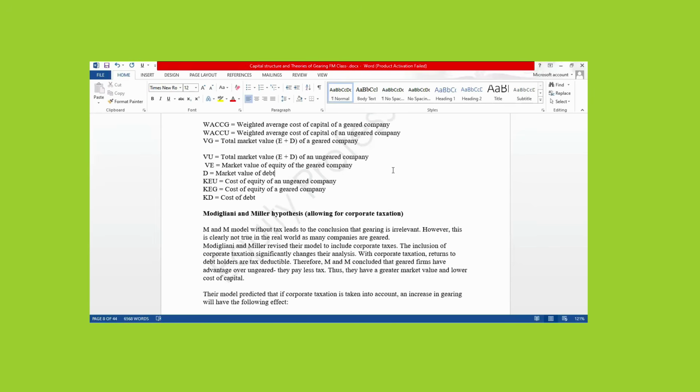That means the cost of capital of a geared company is lower than the cost of capital of an ungeared company. When we say cost of capital, that is weighted average cost of capital, the overall cost of capital. If your cost is reduced, your value will increase.